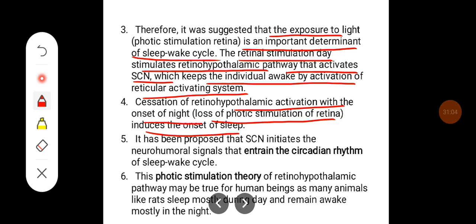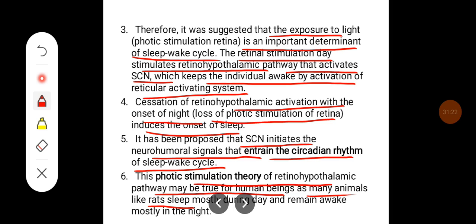It has been proposed that the SCN initiates the neurohormonal signals that entrain the circadian rhythm of the sleep-wake cycle. This photic stimulation theory of the retinohypothalamic pathway may be true for human beings, as many animals like the rat sleep mostly during the day and remain awake mostly at night.